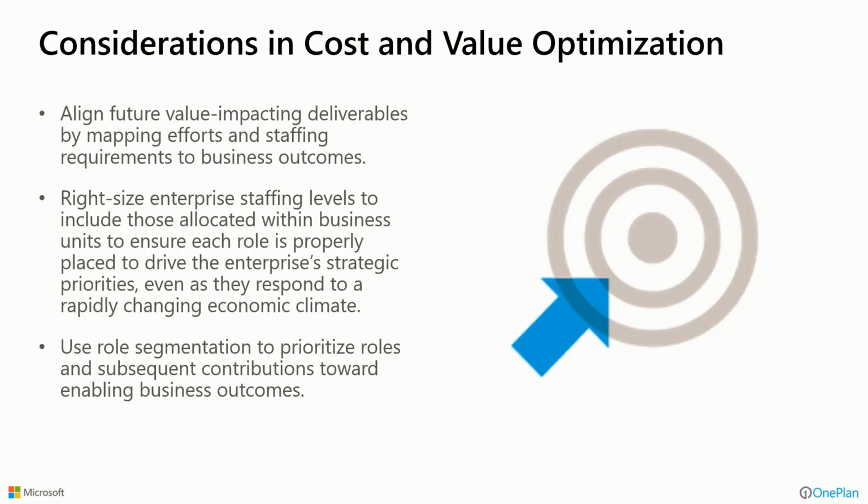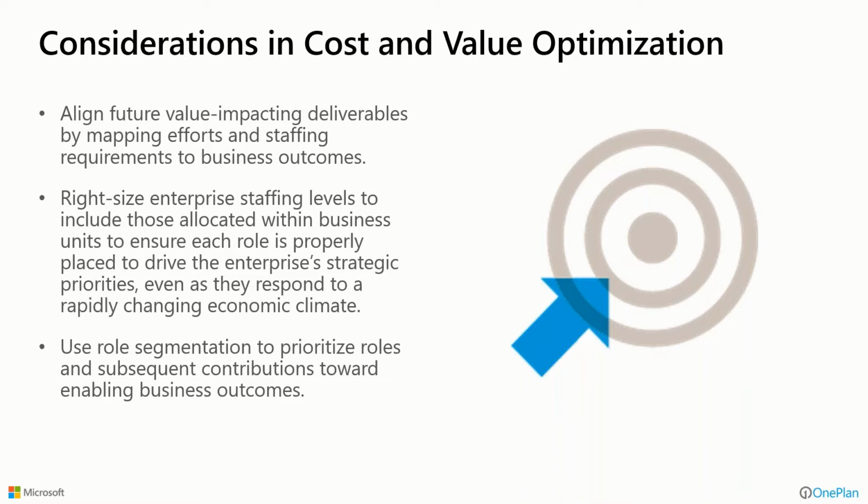So considerations in cost and value optimization is that we have to align our future value impacting deliverables by mapping the efforts and staffing requirements to those outcomes, making sure that we're applying the proper amount of resources so that we don't diminish the outcomes that we're trying to achieve.